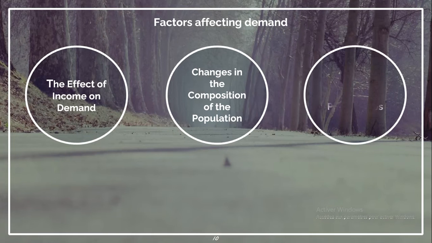The third factor is changes in the composition of the population. The proportion of elderly citizens in the United States population is rising. It rose from 9.8% in 1970 to 12.6% in 2000 and is projected by the US Census Bureau to be 20% of the population by 2030.